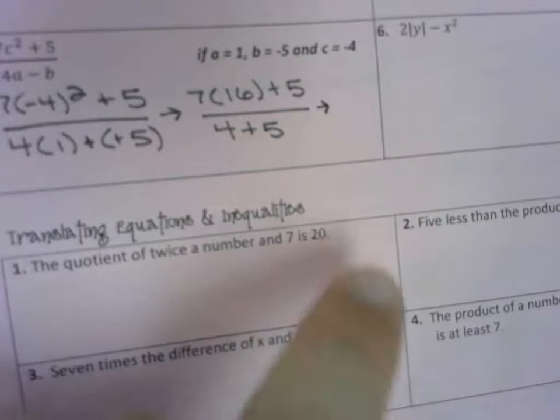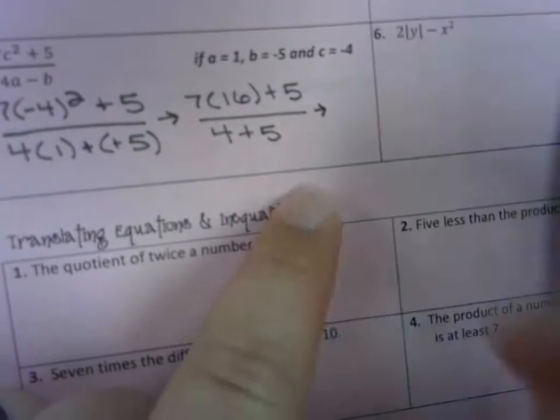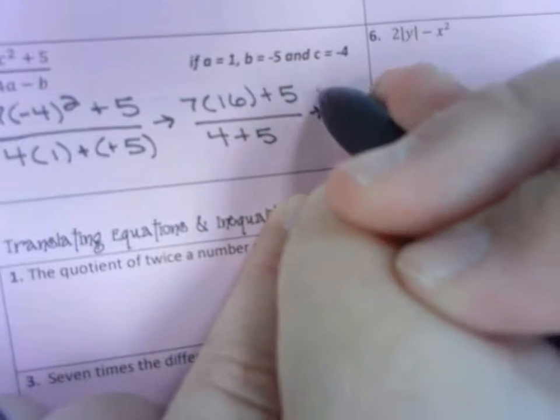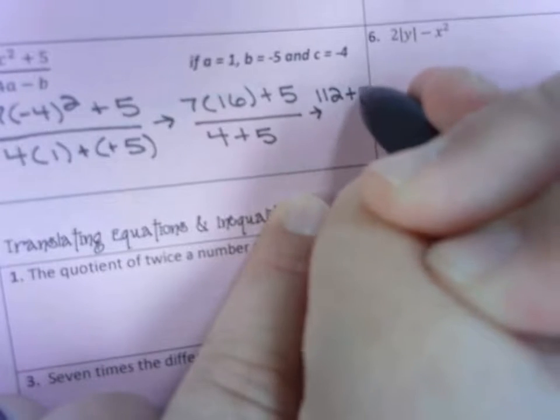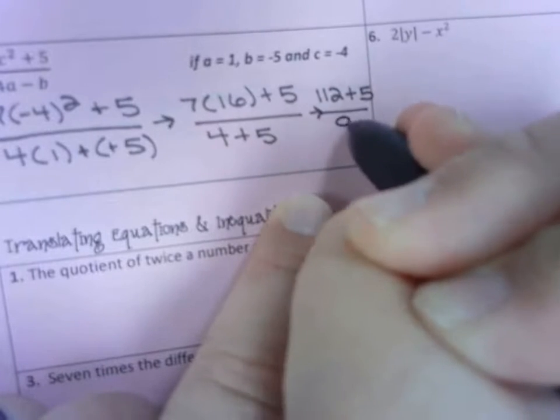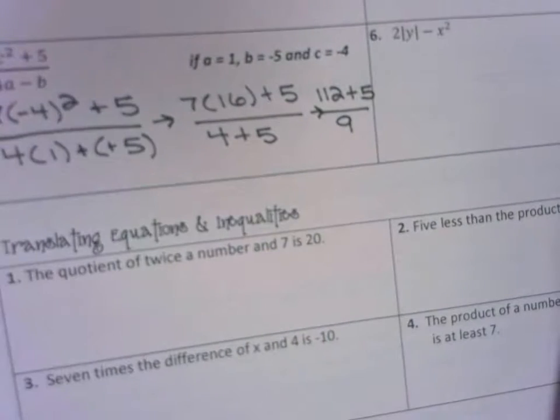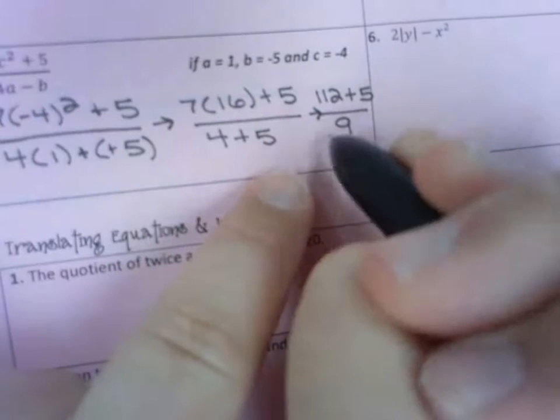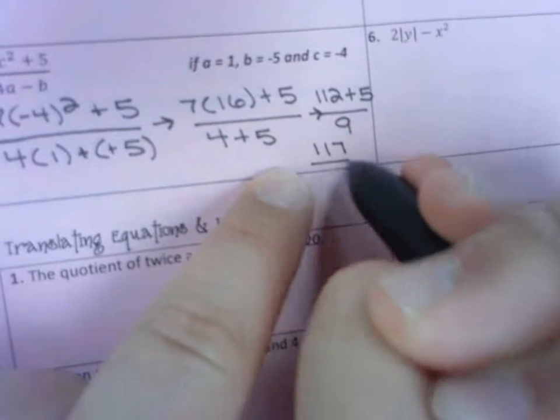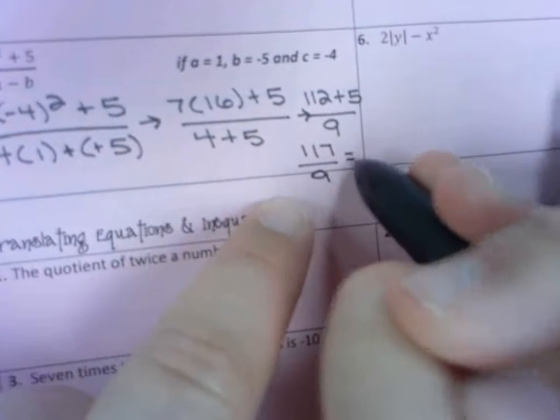I wouldn't know off the top of my head. Use a calculator. A big number. What is it? 112 plus 5 over 9. If you want to add, that's fine. 4 plus 5. 112 plus 5 divided by 9. 13.